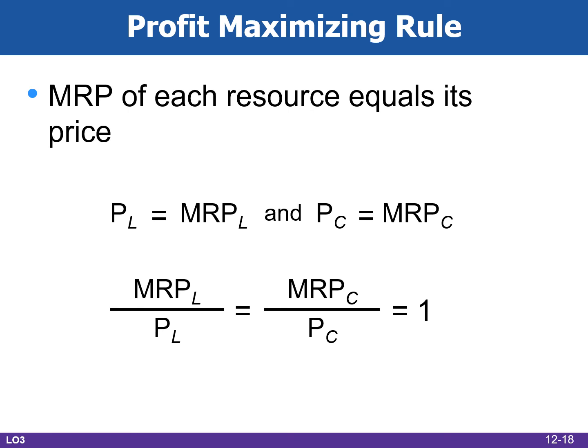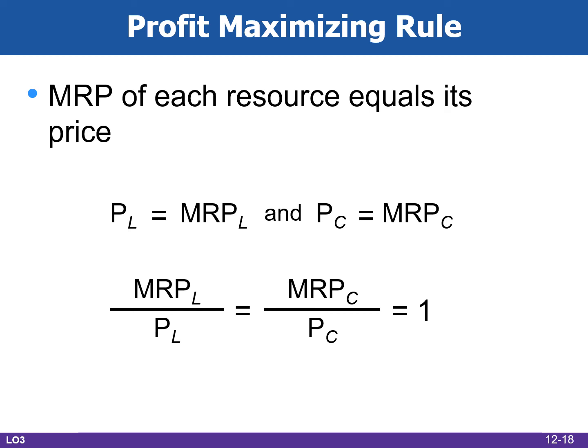So the firm must answer a second question. And the second question the firm wants to answer is, what combination of resources and outputs will maximize profits? So the profit maximization rule states that in a competitive market, the price of the resource must equal its marginal revenue product.